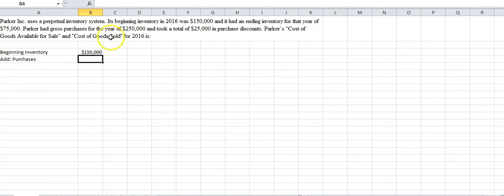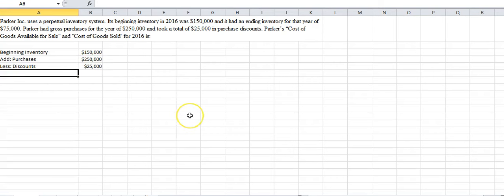It says that we purchased a gross of $250,000. But did we really purchase $250,000? No, because we got $25,000 in discount. So we have to take the discount out. Discounts. So let's take the discounts out, 25,000. Let's put 25,000 here, but remember this, you have to subtract, not add.